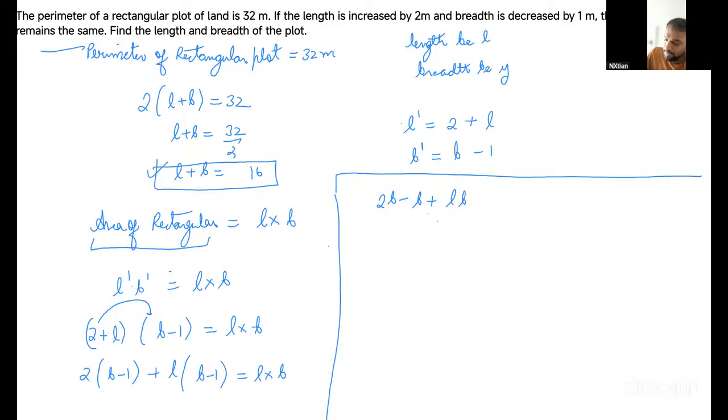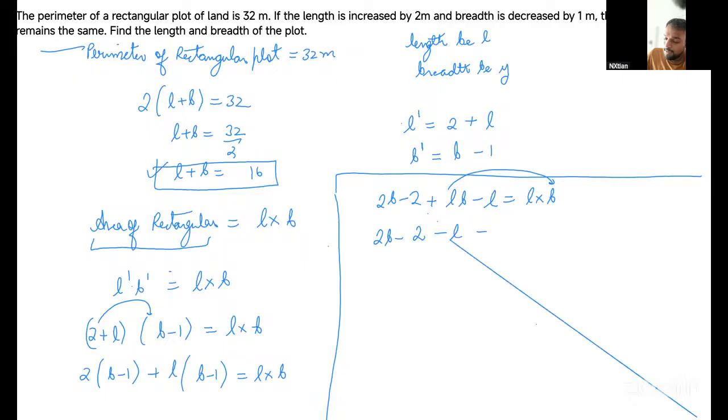Okay, plus LB minus 2 is equal to length into breadth. So I will send this LB to that side. So 2B minus B. 2B minus 2 plus LB minus L is equal to, no, LB went to that side.